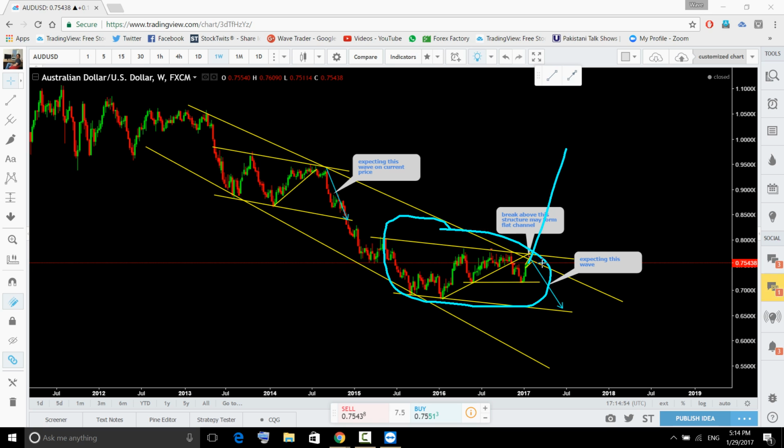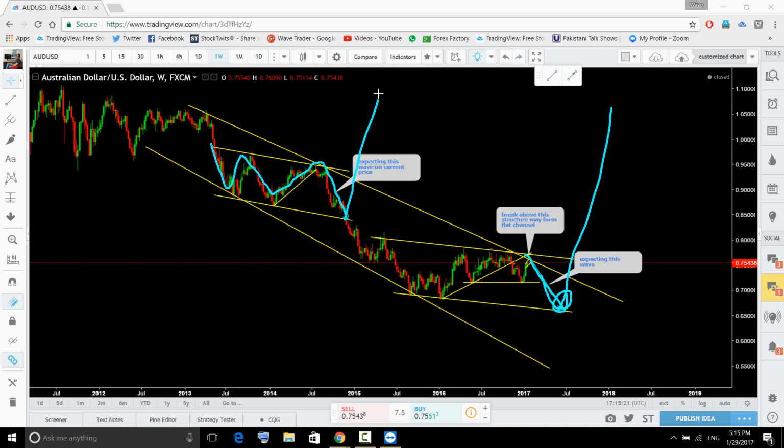You remember that the descending trend reversal channel hasn't completed yet. If price is going to reverse to the upside, at least price should come up to this trend line, test it, and then rise to the upside. Same like this move I'm looking for, and then we decide whether price is going to reverse at the bottom or not.